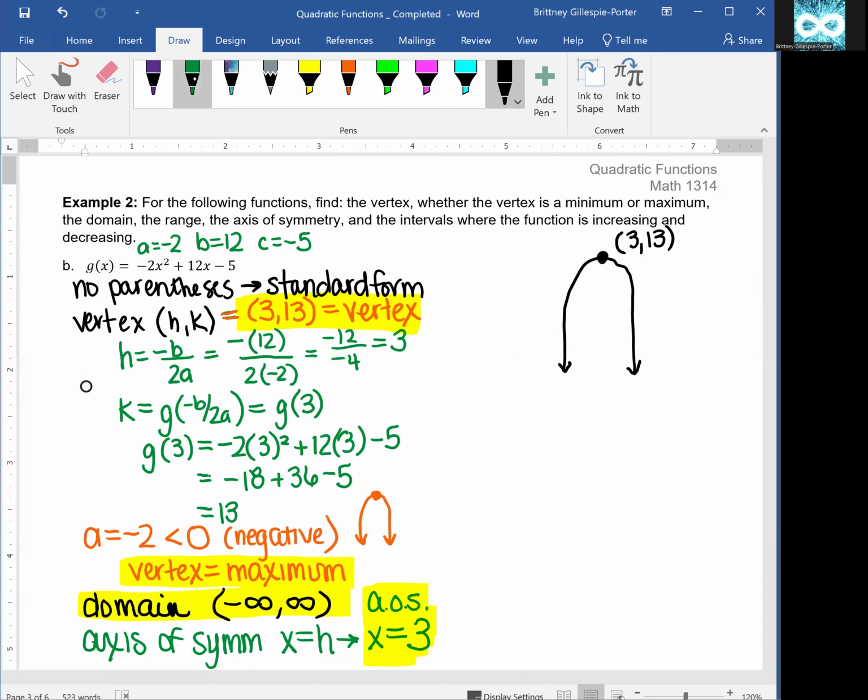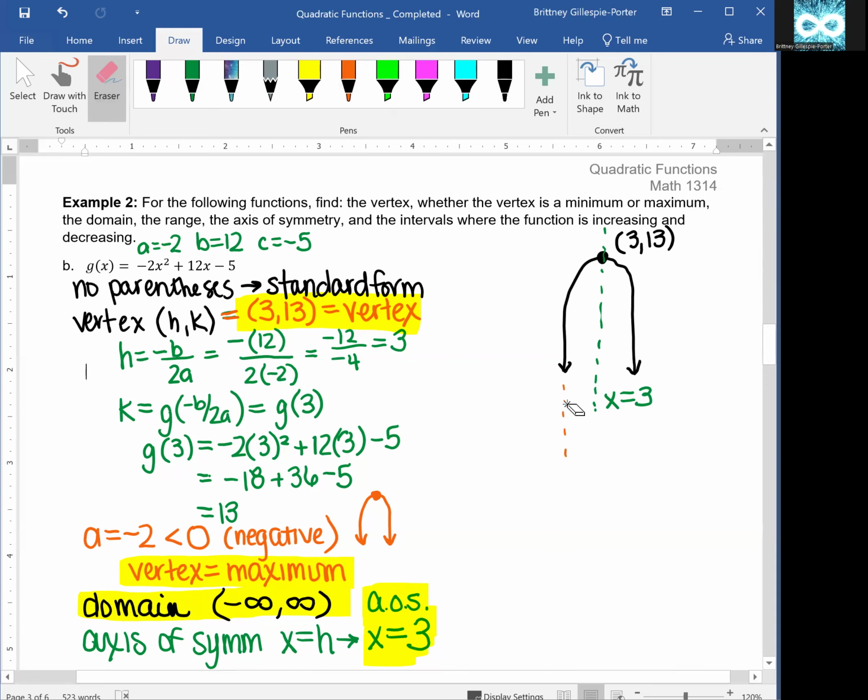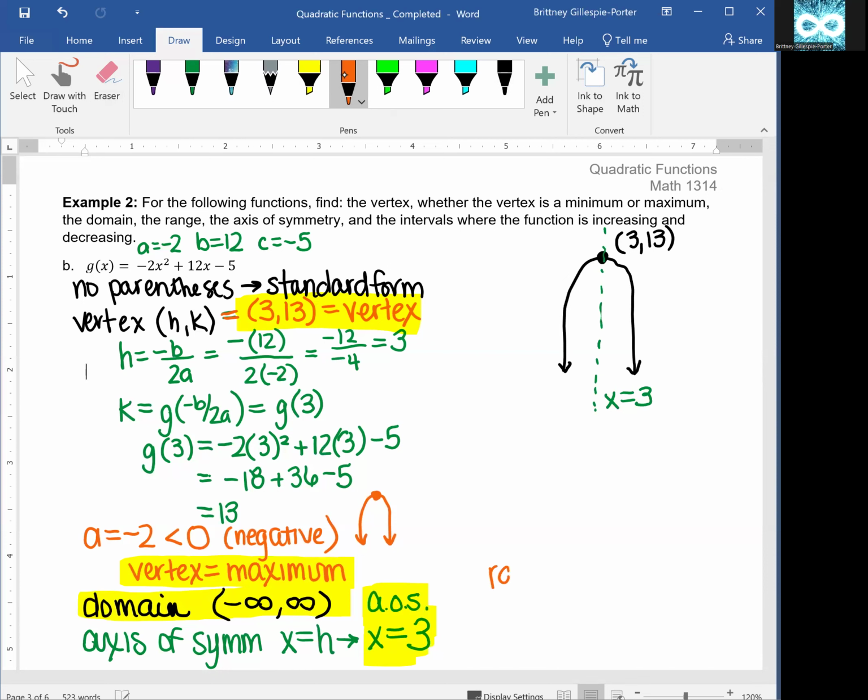And we also know that our axis of symmetry is cutting through the center. This time when we're looking at the range, our graph will keep going and going down, down, down, which means it's never going to stop going down. It's going to keep heading towards negative infinity. So when I'm looking for my range, my smallest value is going to be negative infinity.